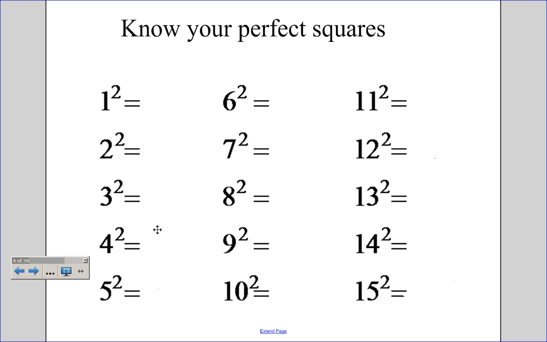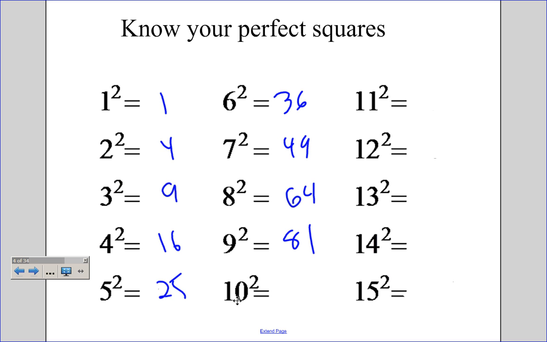Your perfect squares, you should know 1 through 15. And 1 through 10, everybody should know without any question. Usually when I say that, I make a mistake writing them down. Now 11 is 121, 12 is 144. People generally get those.